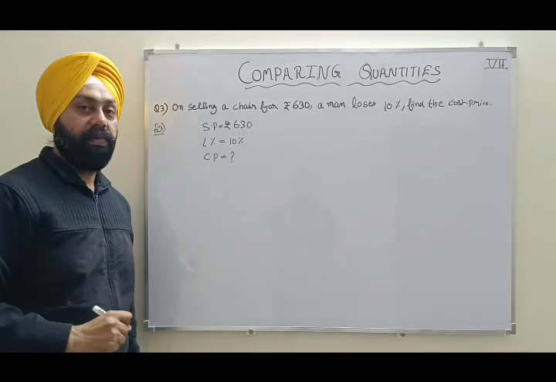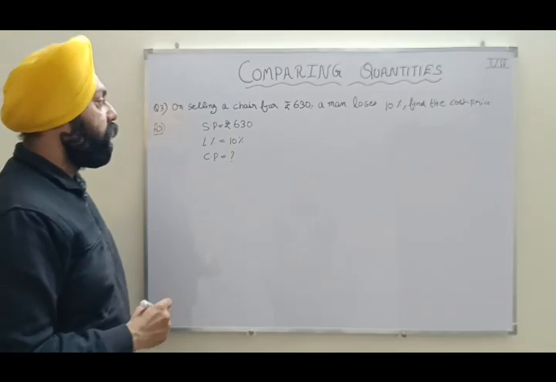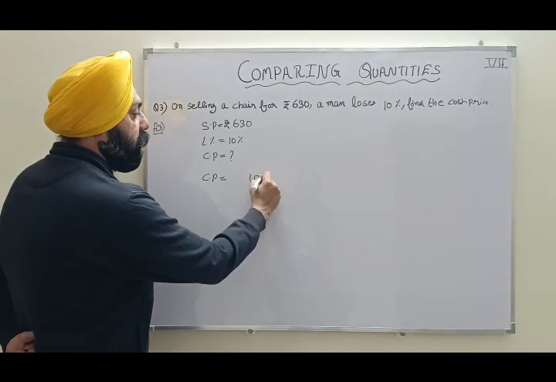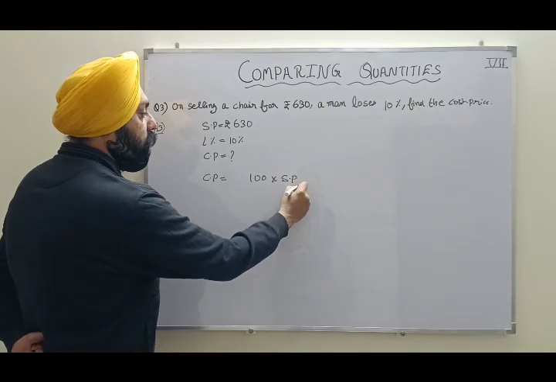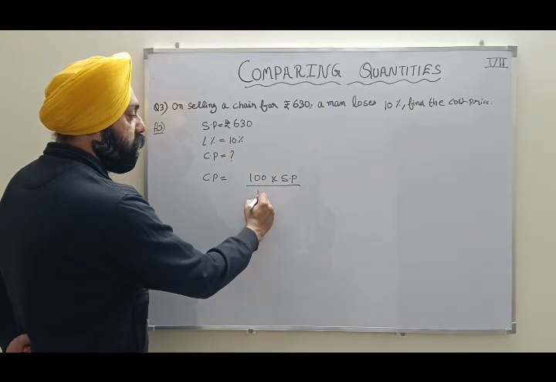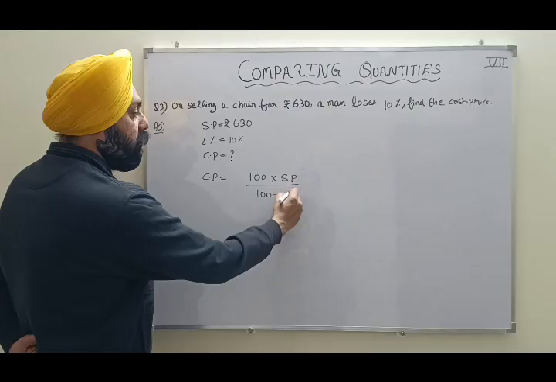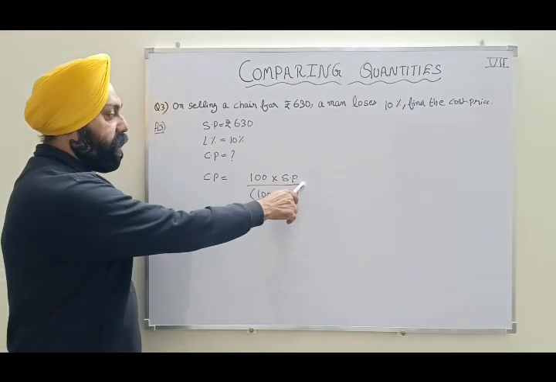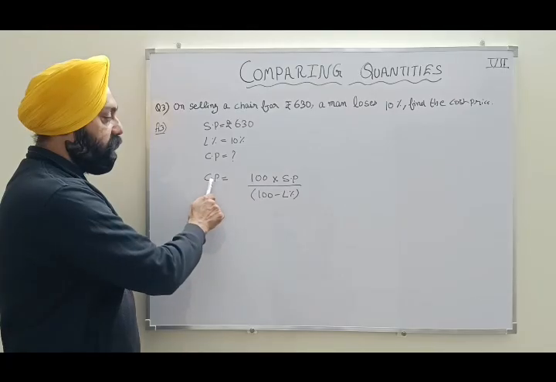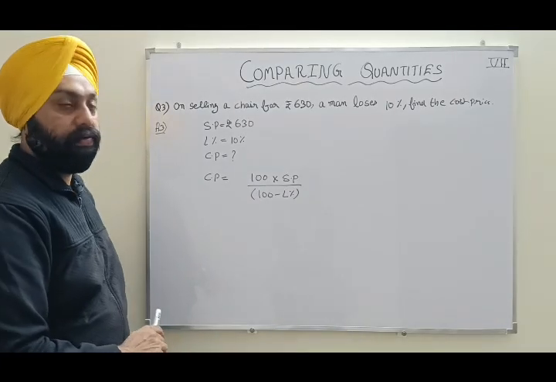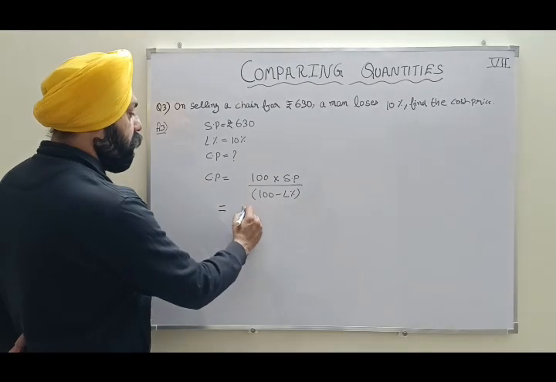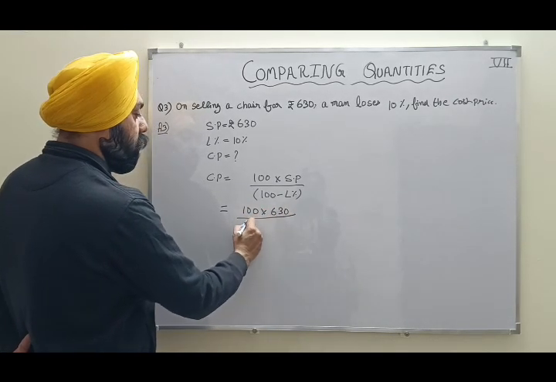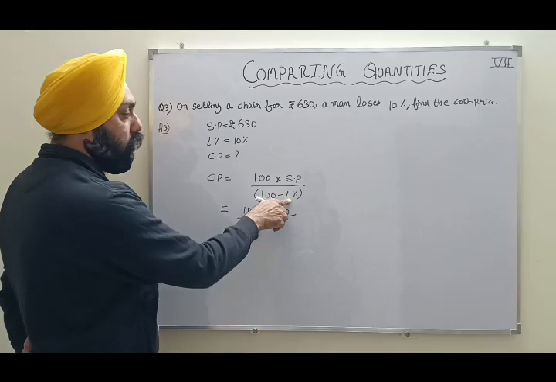Now if you remember the formula that we did earlier, we can write CP is equals to 100 into SP upon, because it is loss, 100 minus loss percent. This formula is connecting selling price, loss percent as well as cost price. So CP is equals to 100 into 630 upon 100 minus loss percent.